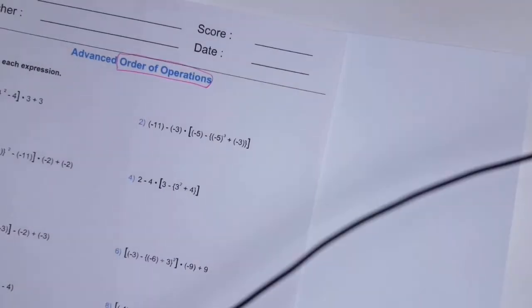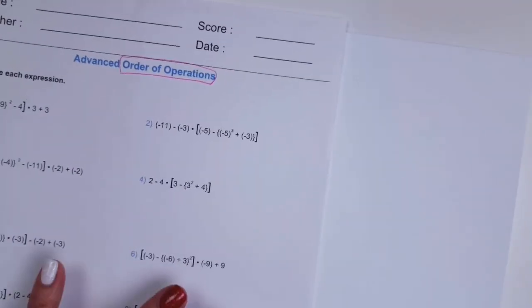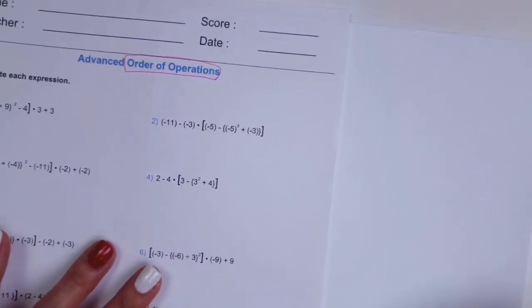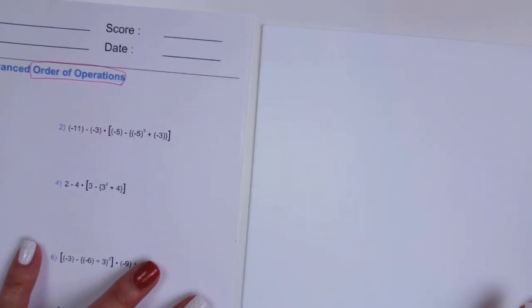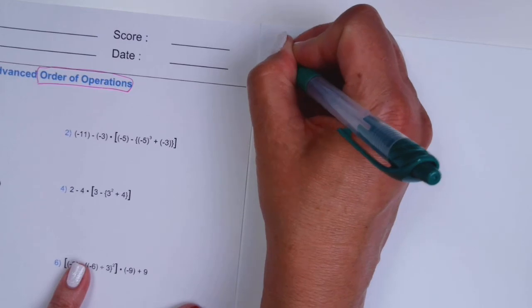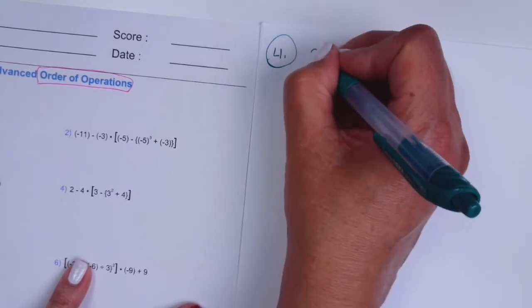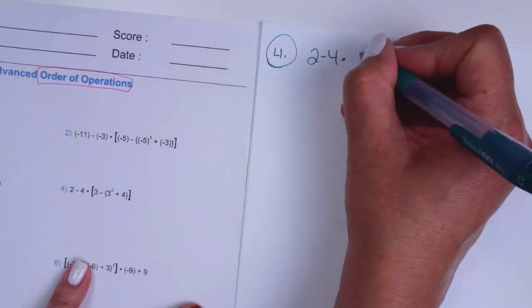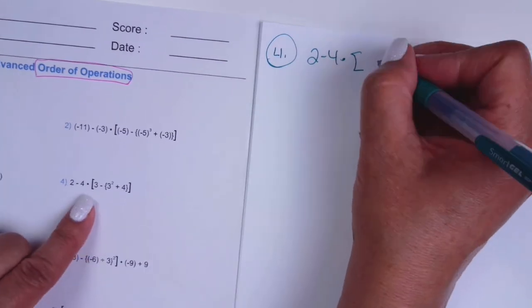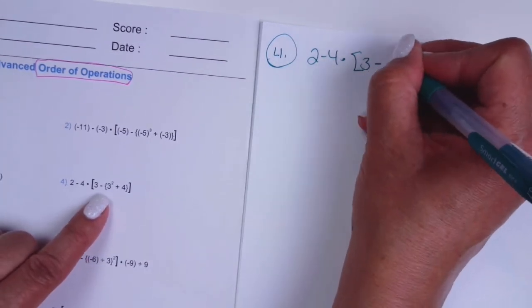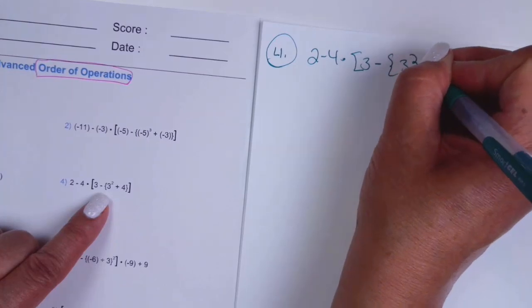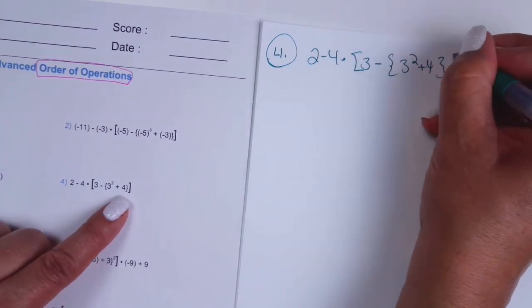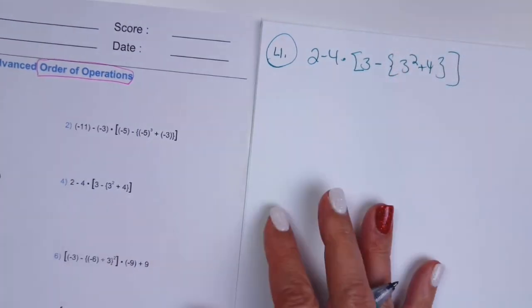Okay, so number 4. Is 2 minus 4 times a bracket 3 minus braces 3 squared plus 4 braces closed and a bracket closed.